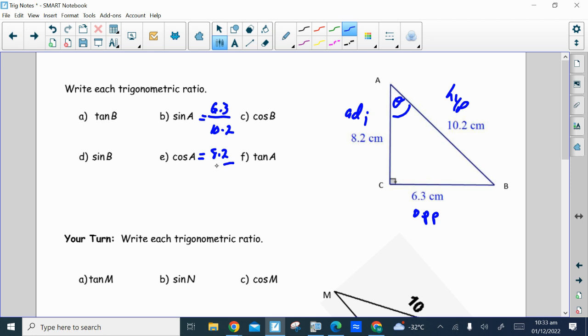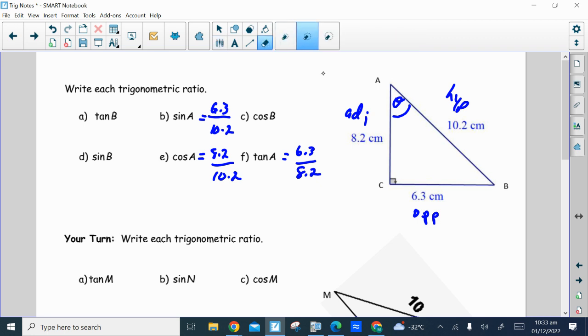That'll be 8.2 over 10.2. And the tangent of angle A, definition of tangent is opposite over adjacent. 6.3 over 8.2. Right, so there's our three ratios for angle A.